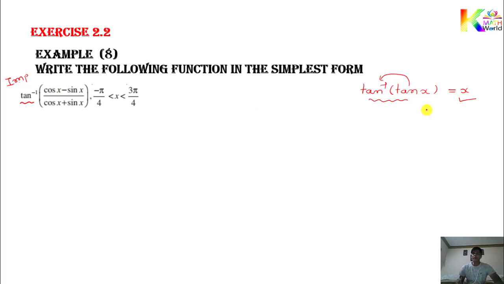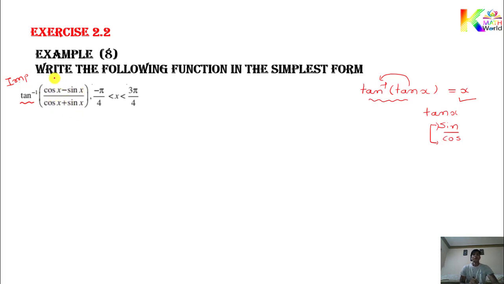When you get sine over cos, then you get it in terms of tan. So when will sine over cos occur? Whenever you divide the whole function by cos x.